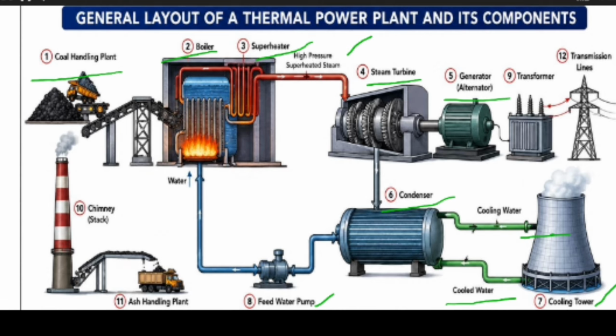After this feed pump, water goes back to the boiler. After the transformer, the chimney will be there. The chimney exhausts, the ash handling plant works, and whatever power is generated is transferred to the transmission lines. This is the process.